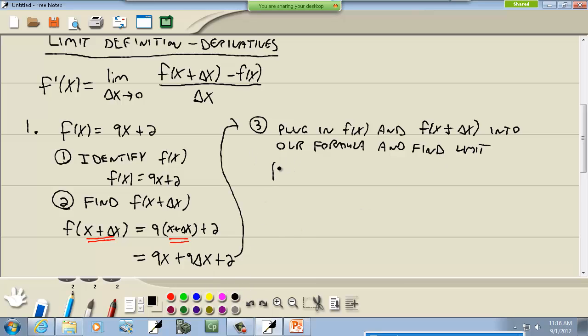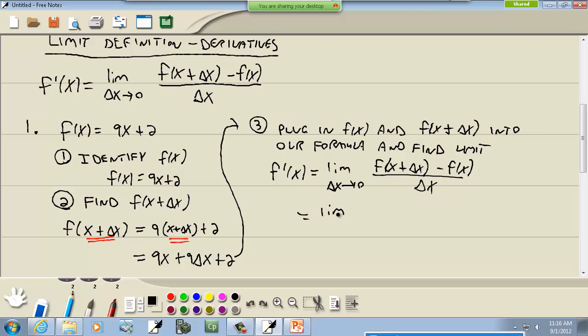Okay, so our formula says the derivative, that's f prime. Okay, so we got f of x plus delta x minus f of x all over delta x.